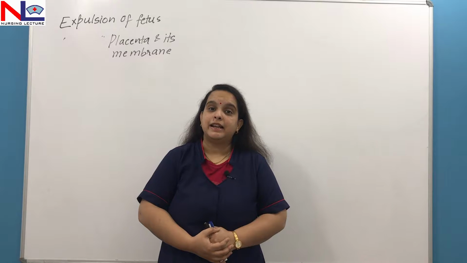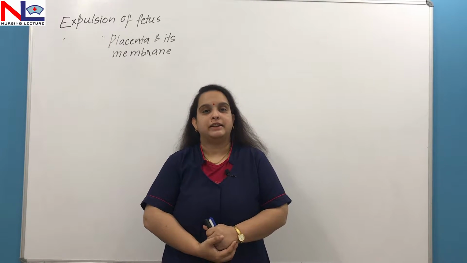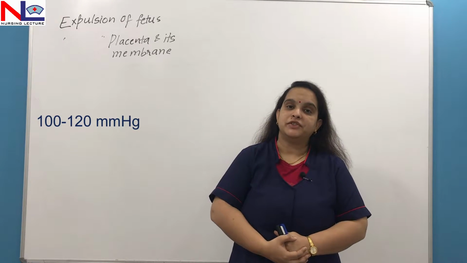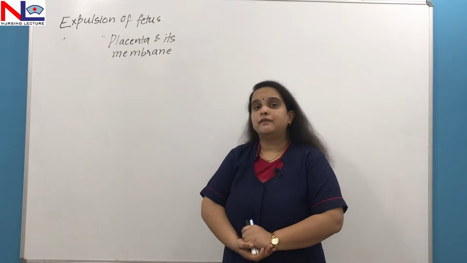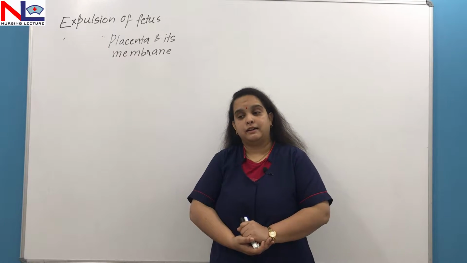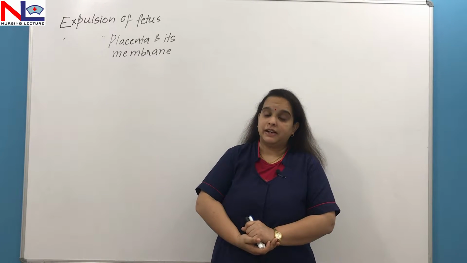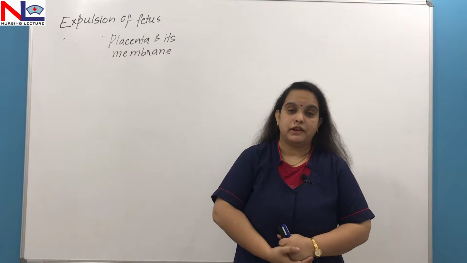With this increasing intensity the pressure also rises within the uterine cavity and it remains 100 to 120 mm of Hg in both stages of labor. But still, with the same intensity and the same pressure inside the uterine cavity, the woman is not feeling as much pain as she has during the second stage of labor.